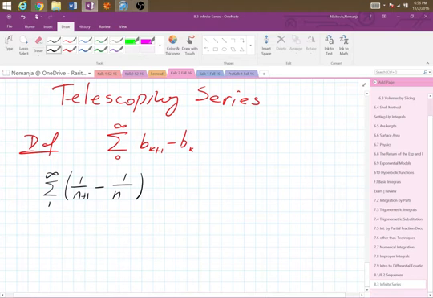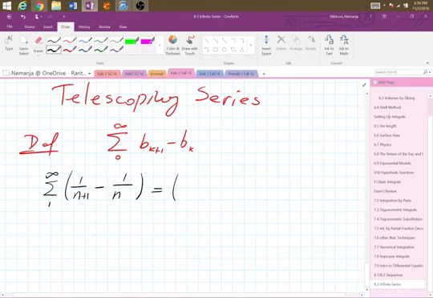Good now. So what am I going to do? Well, what I'm going to do is start plugging in values, 1, 2, 3, 4, and come up with as many of these terms as I need.